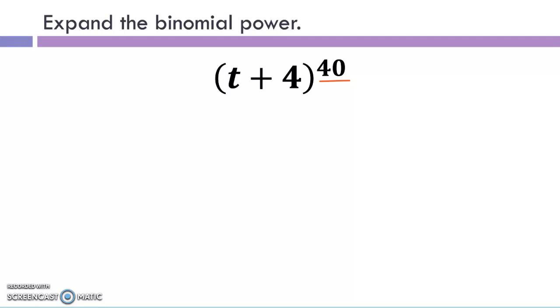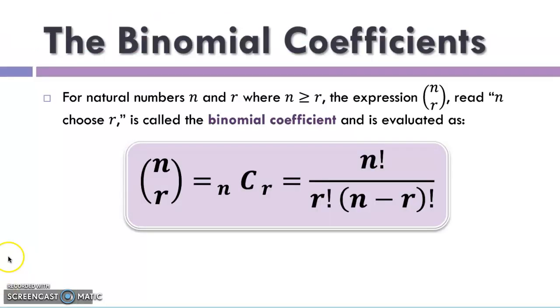And that is what is called binomial coefficients. We evaluate them as n factorial over r factorial times n minus r factorial. We read it as n choose r. And why is this important? Why is this nice? Because it relates to Pascal's triangle.